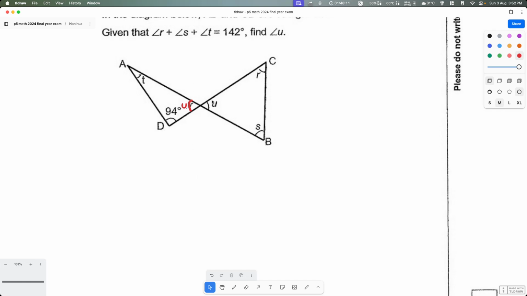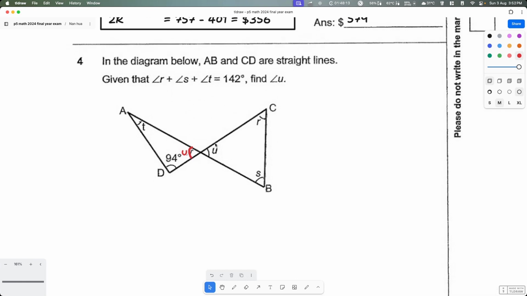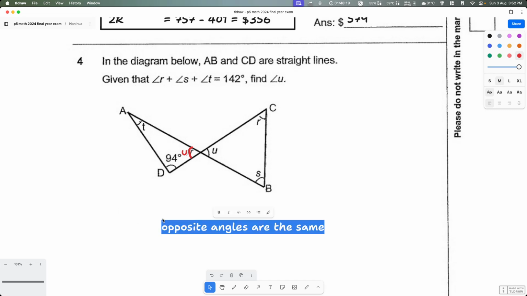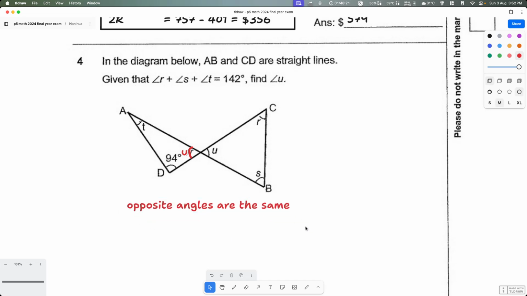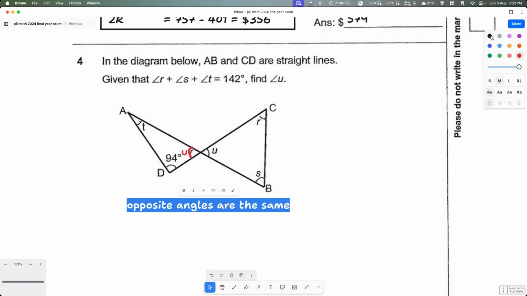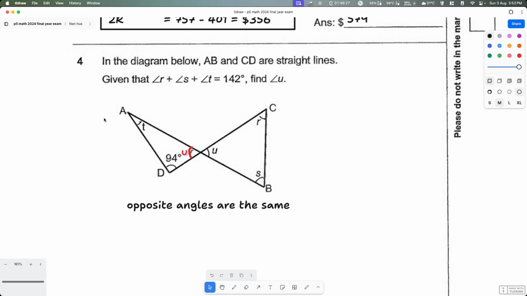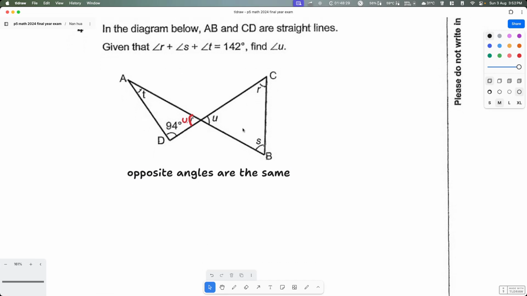Okay, so opposite angles are the same, right? Opposite angles are the same. In this case over here, opposite angles are the same. All right, so in this case, what can we do?